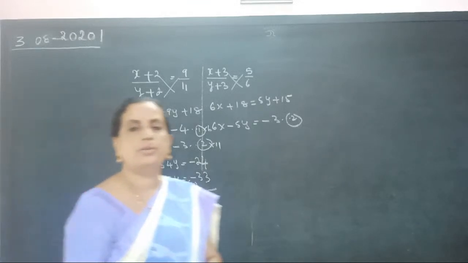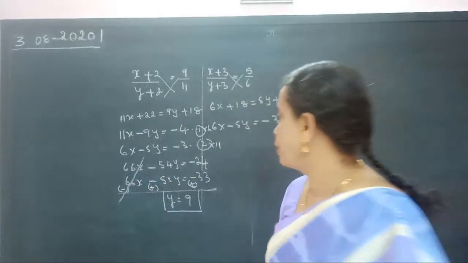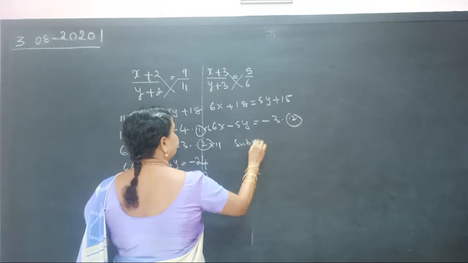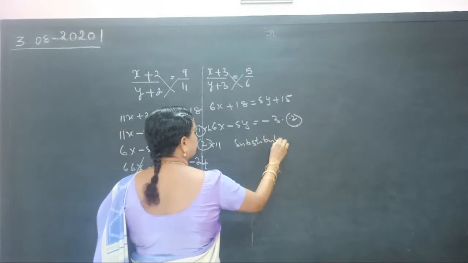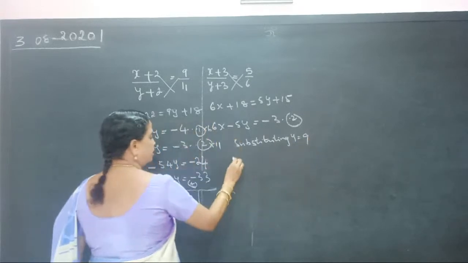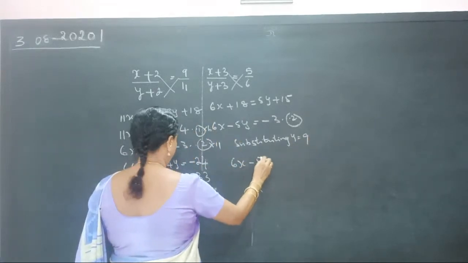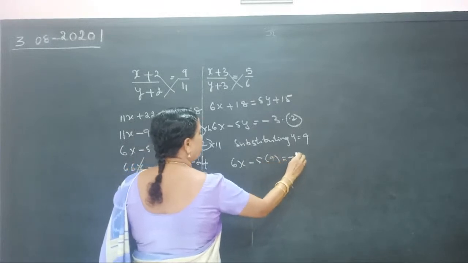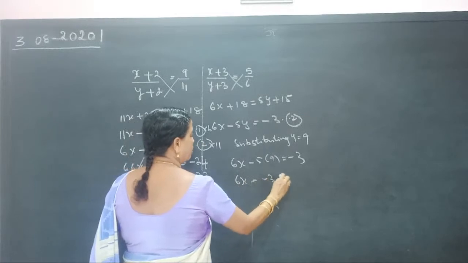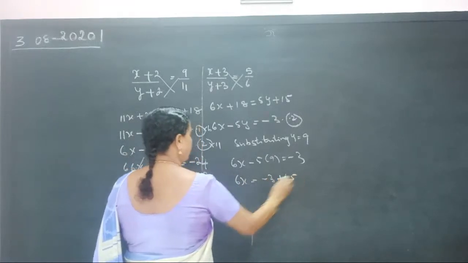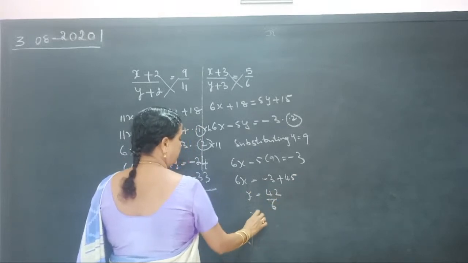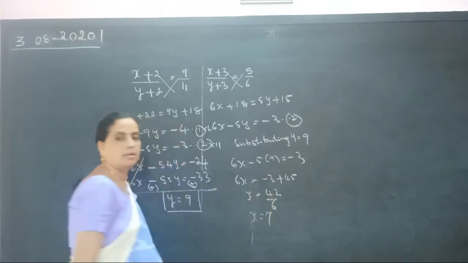Substituting y equal to 9 in one of the equations, take the second equation. 6x minus 5 into 9 equals minus 3. 6x equals minus 3 plus 45. x equals 42 by 6. x equals 7.